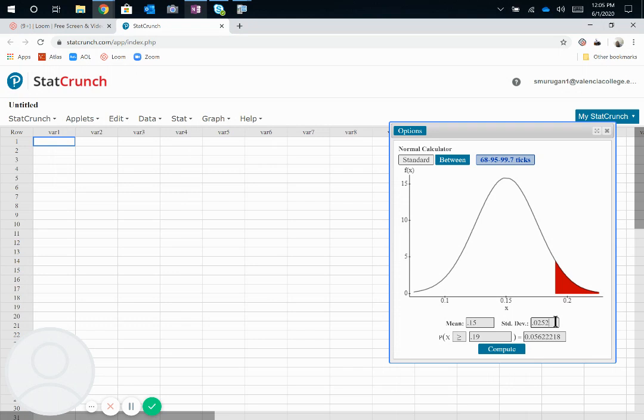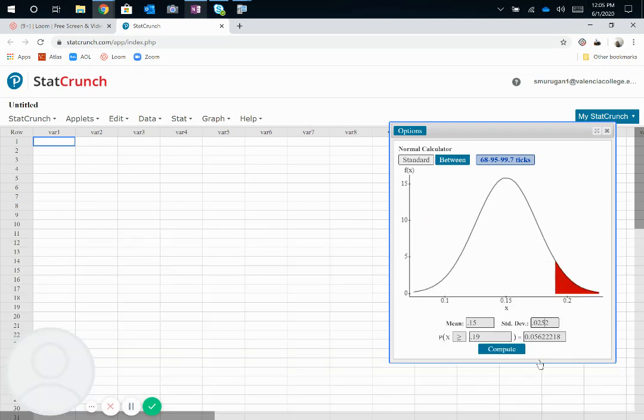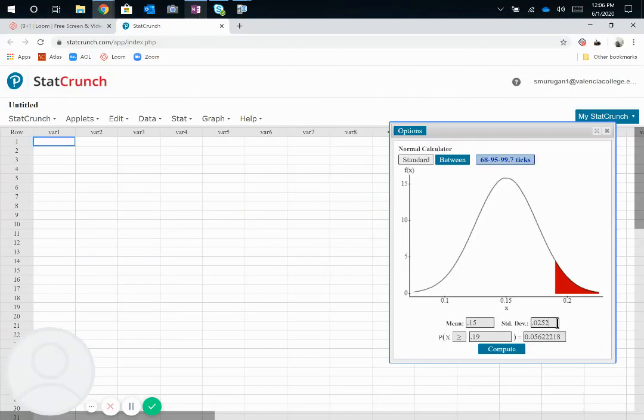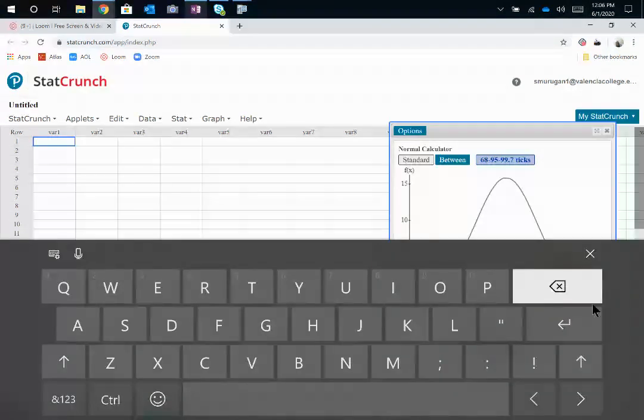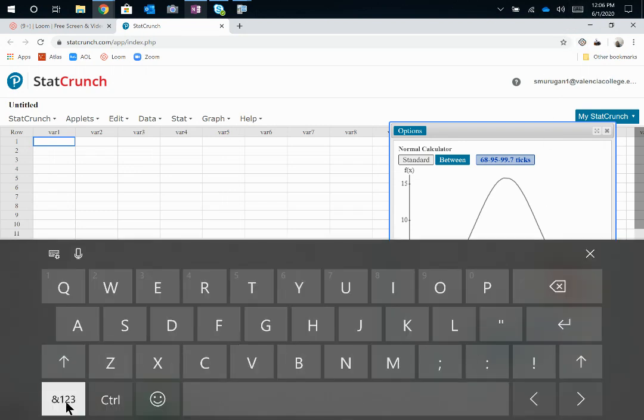So pay attention to what it's asking for. Let's go ahead and put back what we had before. I need to clear this out here. 0.025.